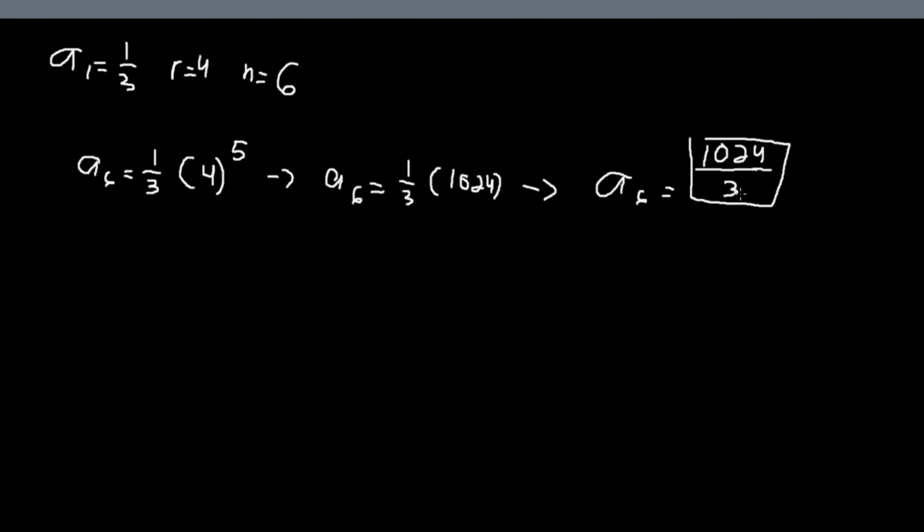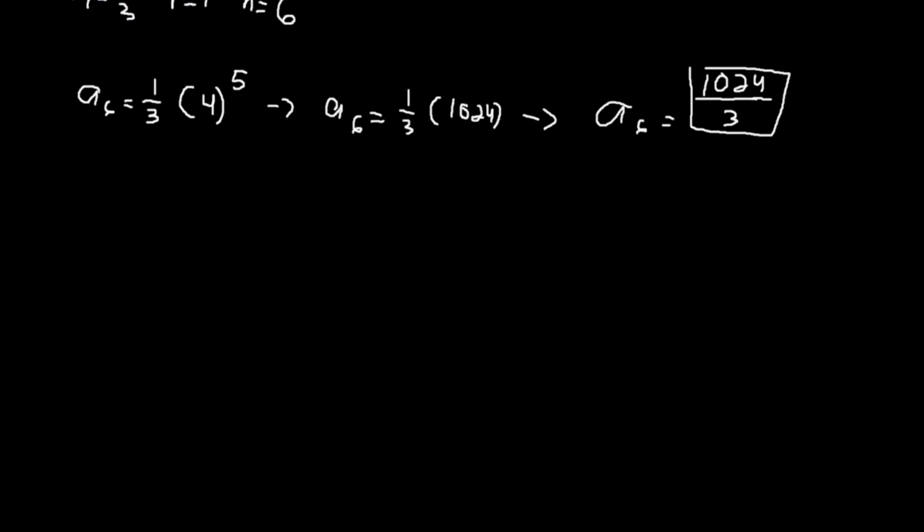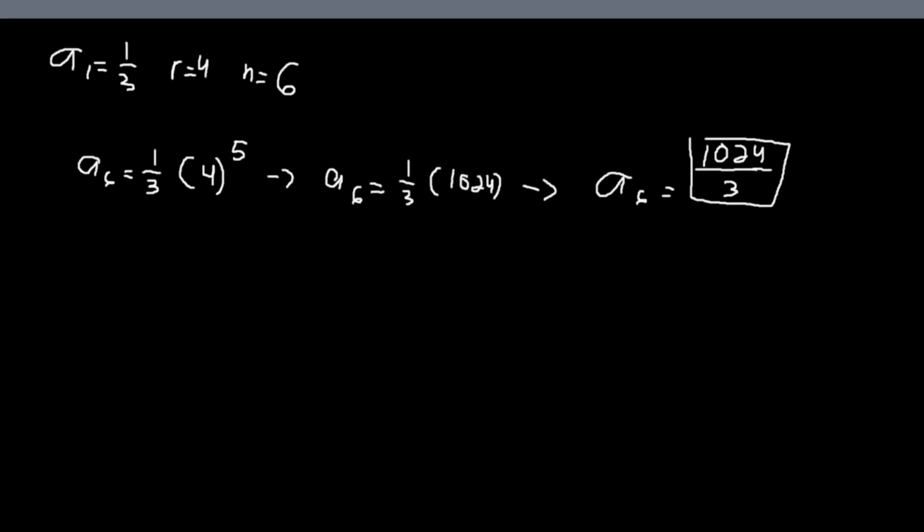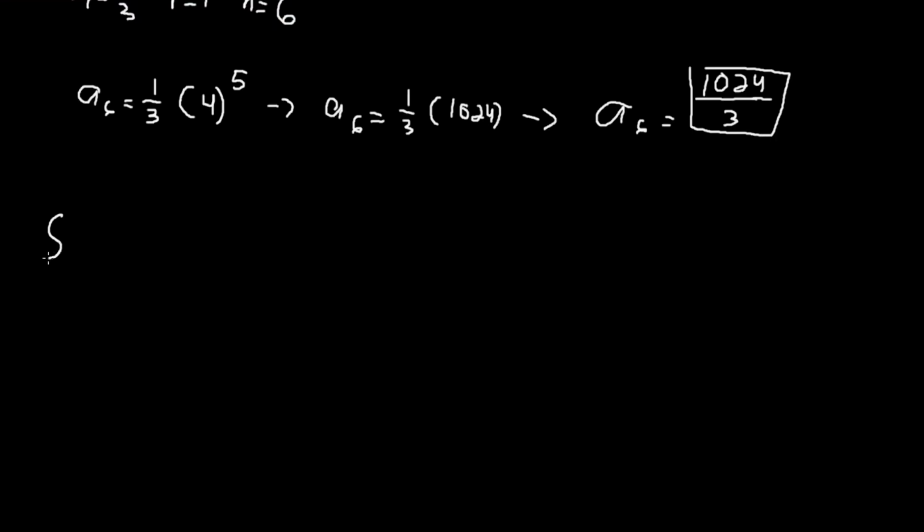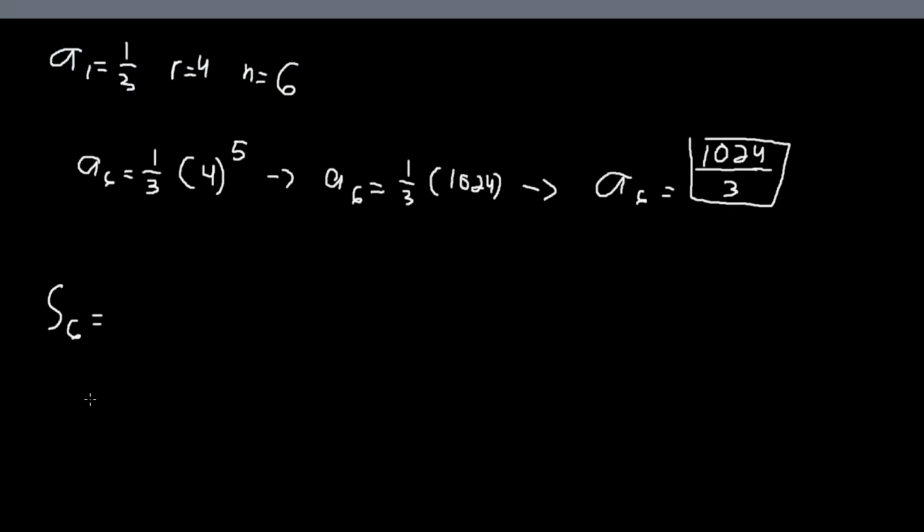Now, we can either use the essential one or the more tedious version. Let's go with the essential one. So remember, we're looking for our S sub 6, or the sum of 6, since our nth term is 6. So we first write down our last term, which is 1024 divided by 3.